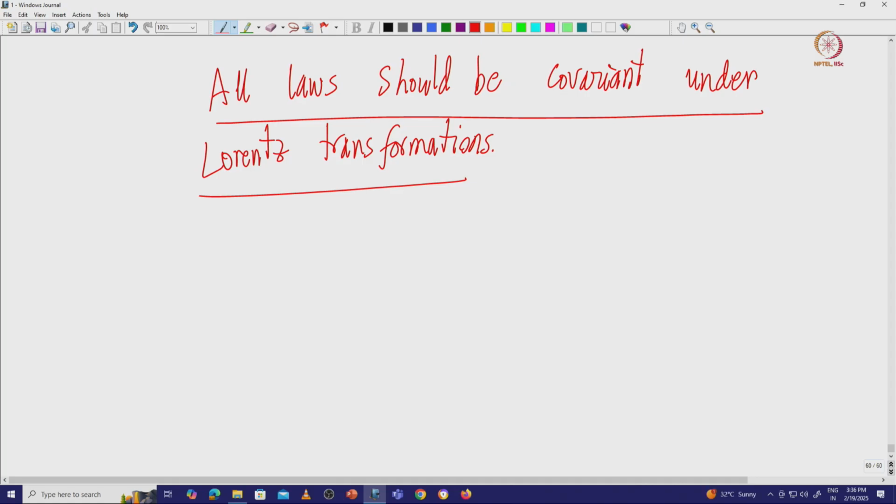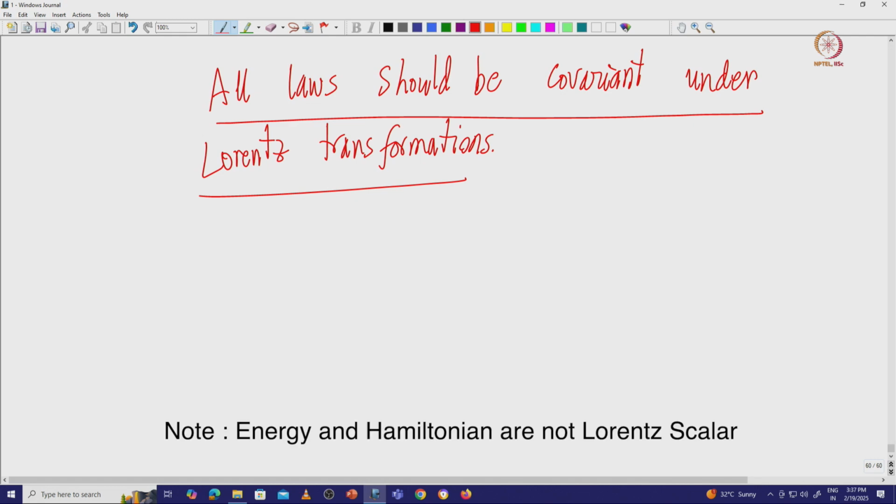There are certain quantities which we want to be invariant under Lorentz transformations. These are Hamiltonians essentially. The Hamiltonian is energy. Energy should be a scalar.